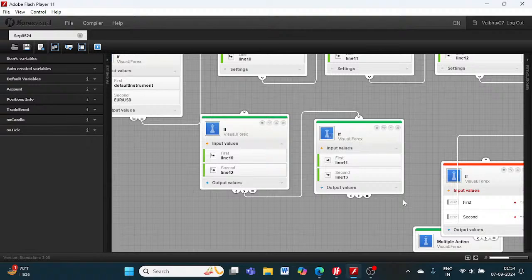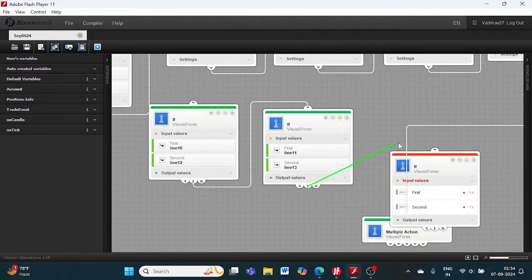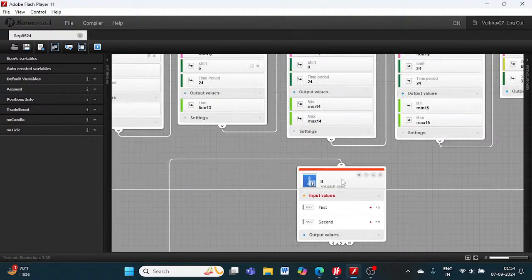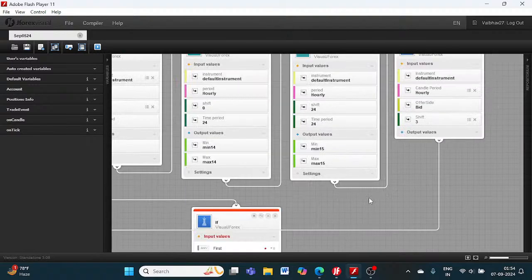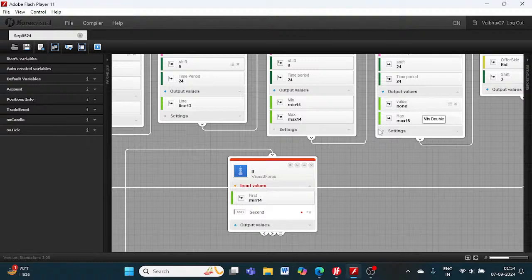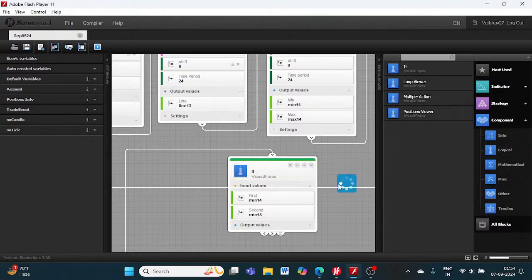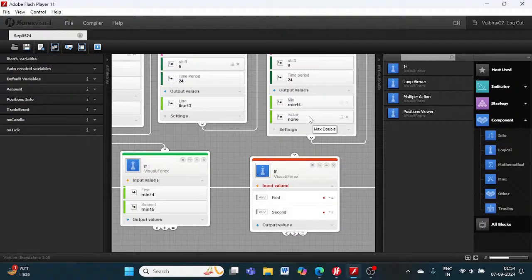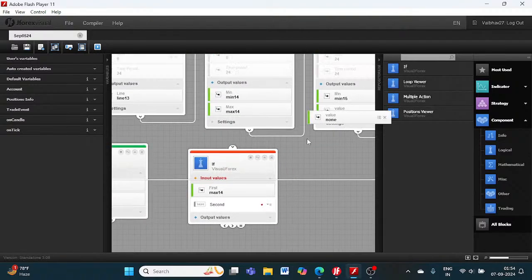So this needs to be defined. Then we do the comparison of the current minimax values. The current minimum needs to be greater than the minimum value 24 hours back. Then we need the same to be applied for the maximum. The current maximum needs to be higher than the maximum value 24 hours back.